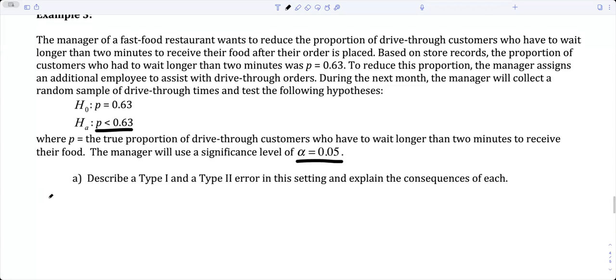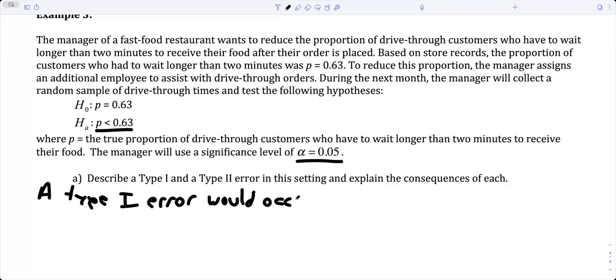So, a type 1 error would occur if the manager, okay, what's a type 1 error again? What's my phrase? We reject the truth. Reject the truth, type 1.